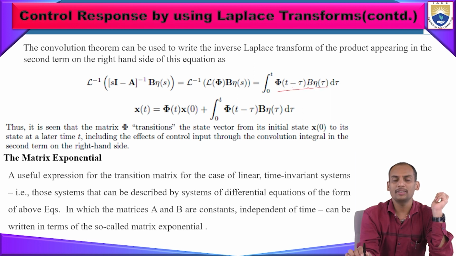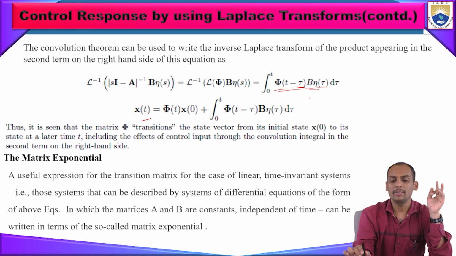Here t minus tau is another variable. The time variable t is there, and in addition we have also considered tau. So the total function in terms of t will be phi of t into x of 0 plus the integral from 0 to t of phi of t minus tau into b eta of tau d tau.